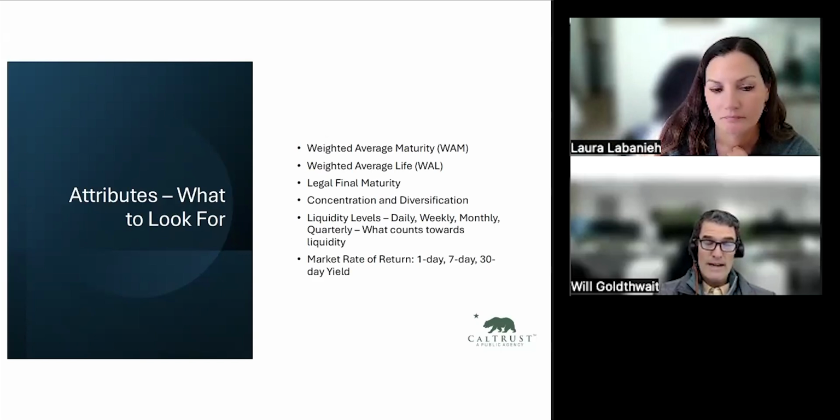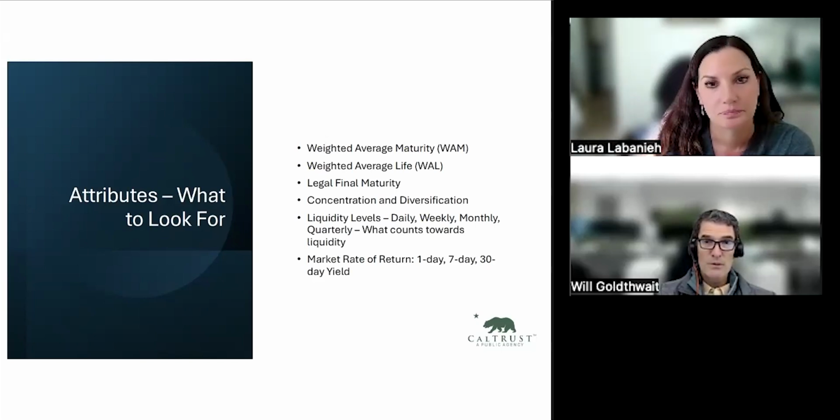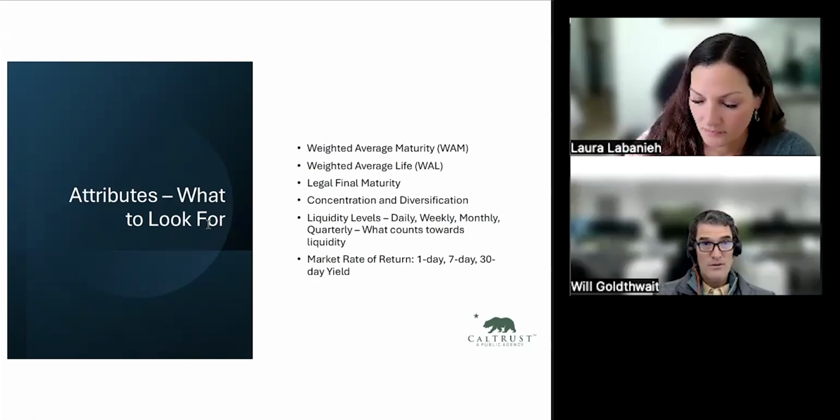Those rating agencies are coming in with additional oversight. We send them daily reports, we send them holdings. They're able to see what's going on in the portfolio. And so that's another level of safety and security that those rating agencies are providing by having a second pair of eyes. And Laura, why don't I hand it back to you and you could talk a little bit about the ratings on CalTRUST as well.